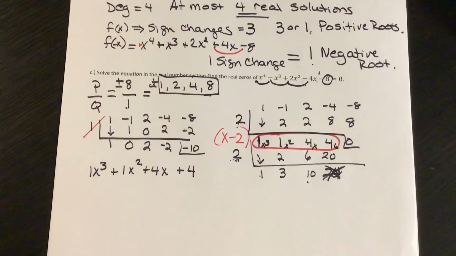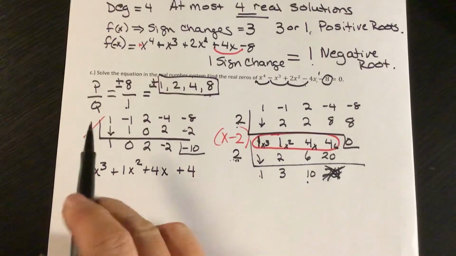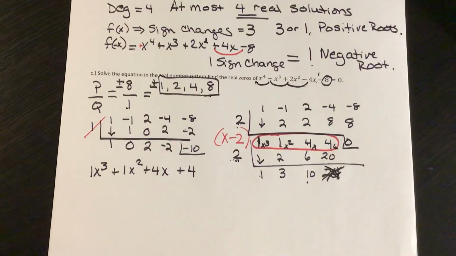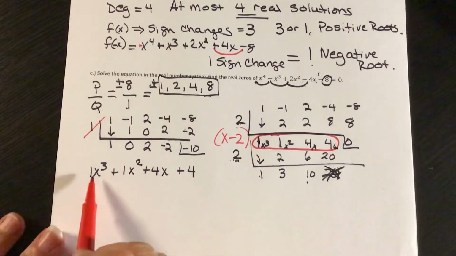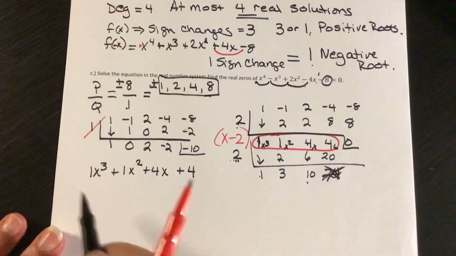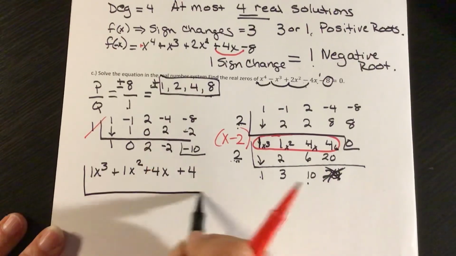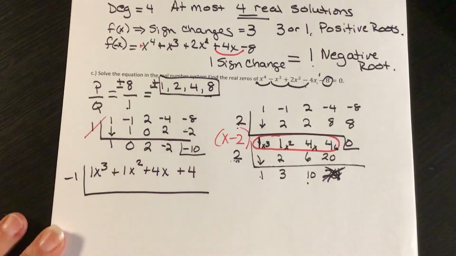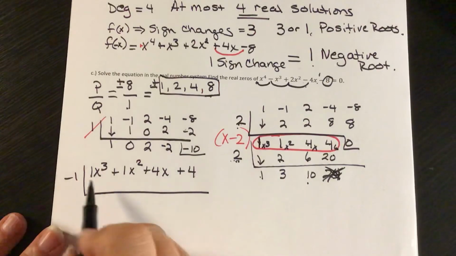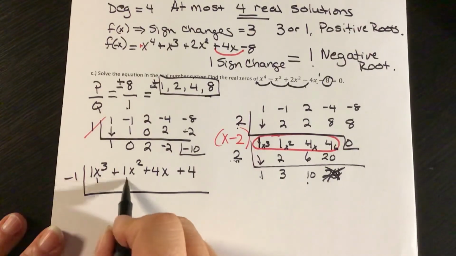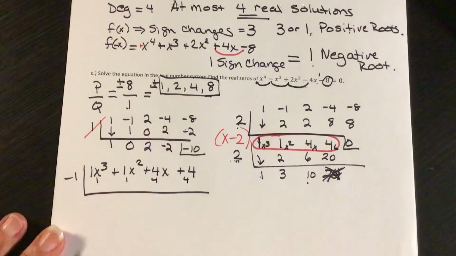Now, how about if we try a negative 1? I'm going to put negative 1 here, and my coefficients are 1, 1, 4, 4. Yep, that's right.